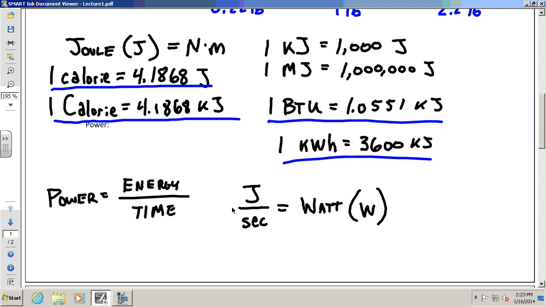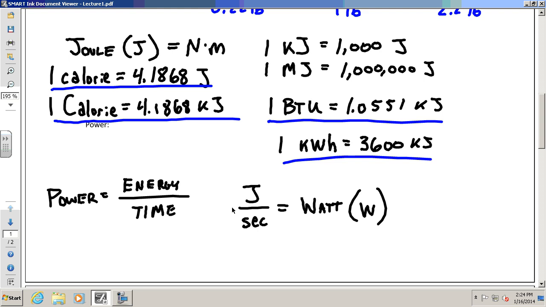Other units of power. There's another one that's well known besides the watt. The watt is by far the most common, because even in the English system, we've gotten pretty much used to the watt and kilowatts and all that.